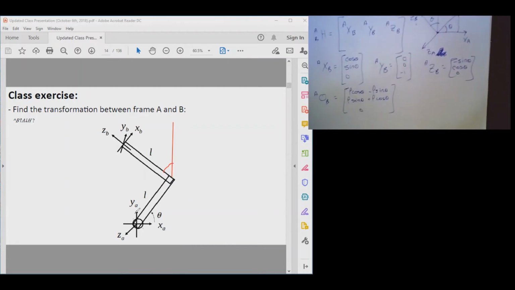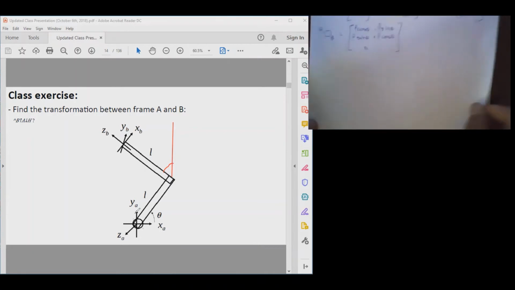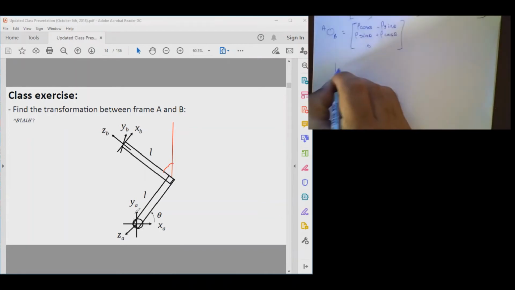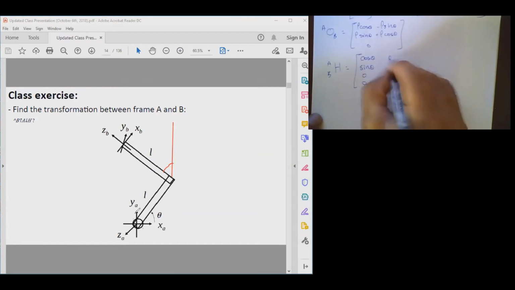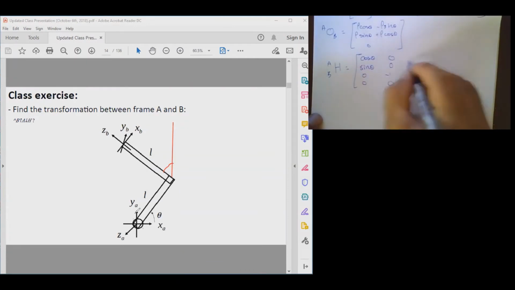So I can now very quickly write my HAB. Cosine theta, sine theta, 0, 0. YB is 0, 0, minus 1, 0. ZB is going to be minus sine theta, cosine theta, 0, 0.